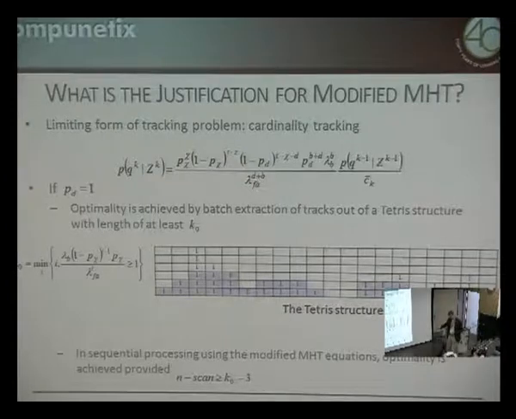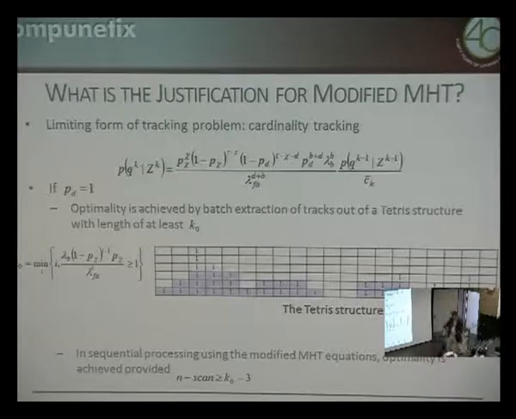So at least in a limiting case, making those tweaks, because the MHT theory assumes batch track extraction. MHT practice doesn't involve batch track extraction. It involves some delay in data association, and some delay in real-time track extraction.